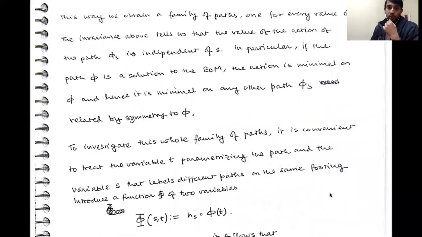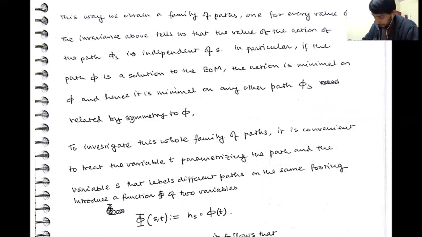This way, we can obtain a family of paths, one for each value of s. And the invariance says that the value of the action for the path phi of s is going to be independent of s, if this is a symmetry, right?